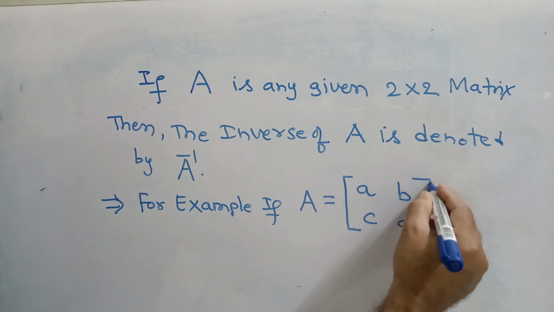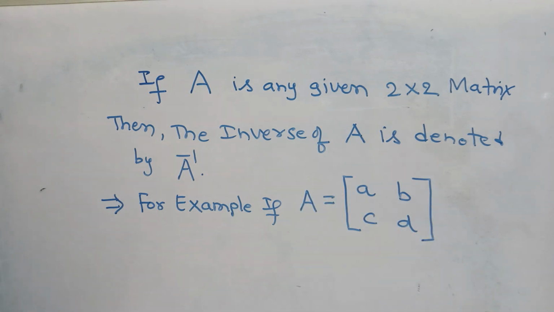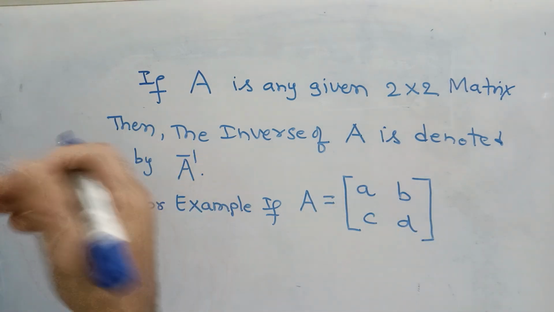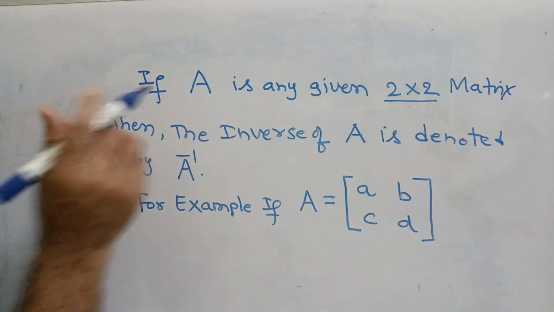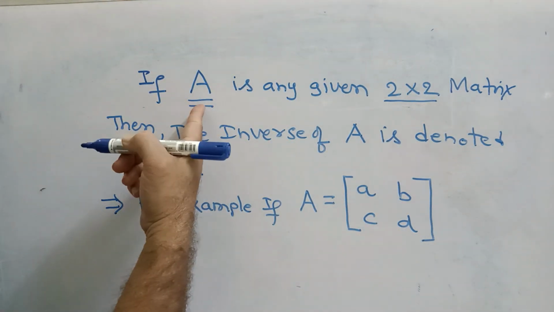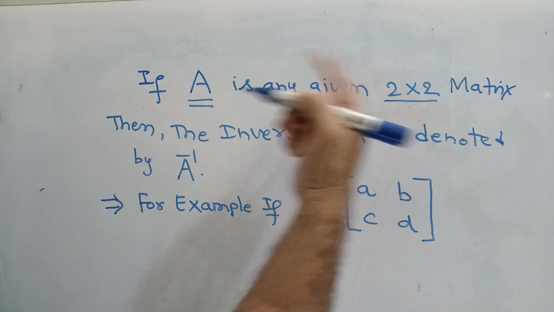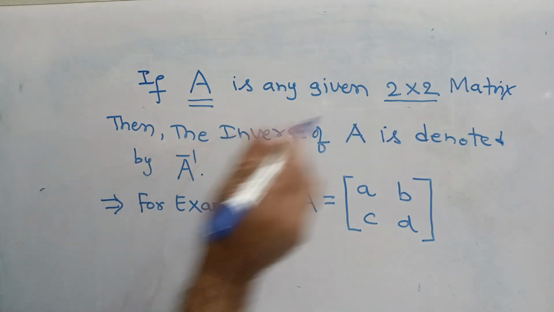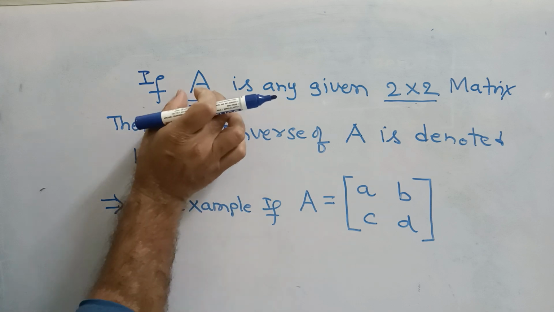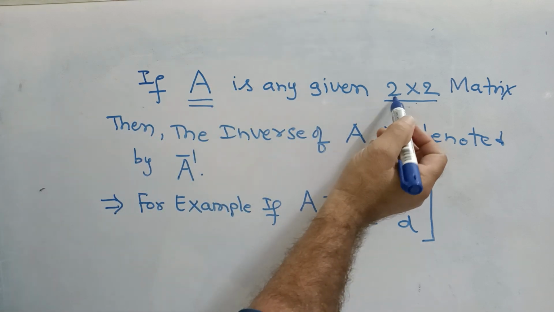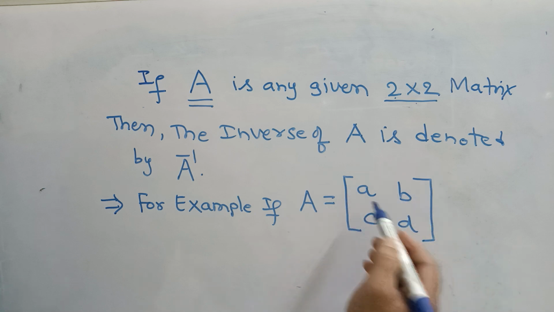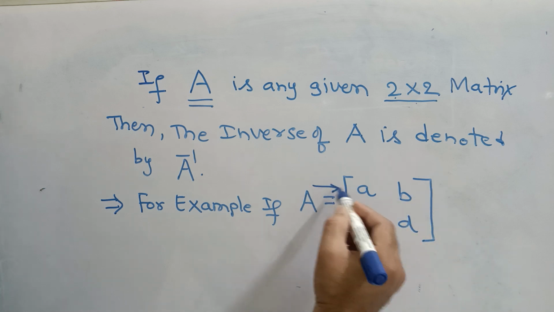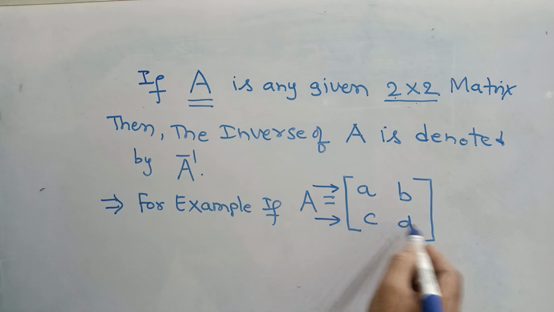This is the standard example, because I am taking a 2 by 2 matrix. What is a 2 by 2? The matrix A should have two rows. A, B are the elements in the first row, C, D are the elements in the second row.